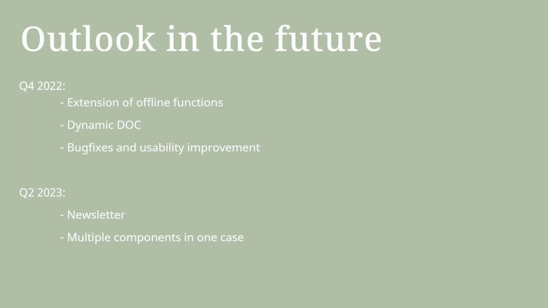There will also be the function of the dynamic DOCs, and of course we from Fronius always try to fix our bugs where we get the feedback from you. And of course, the usability improvement is also a very important point, which we are always trying to improve so that the handling of the application is as easy as possible for you.